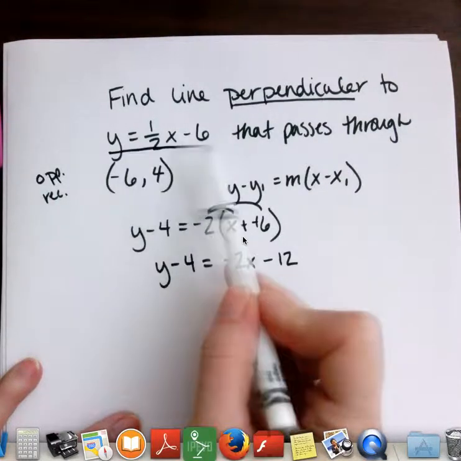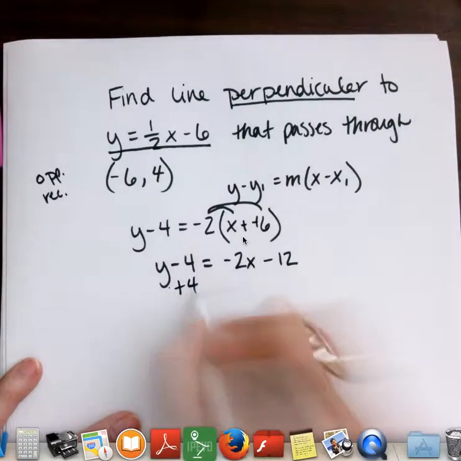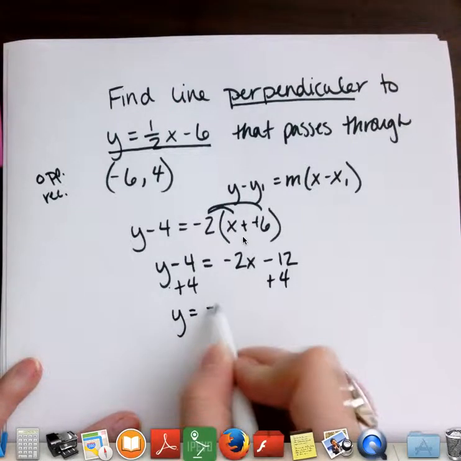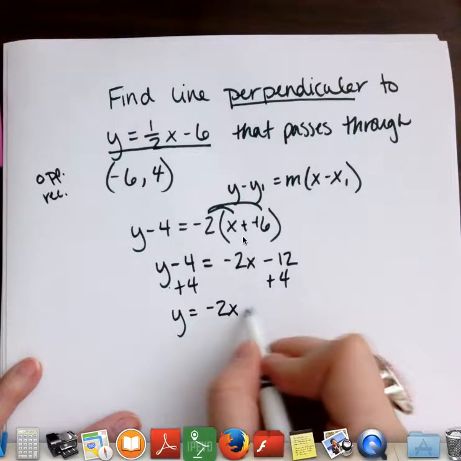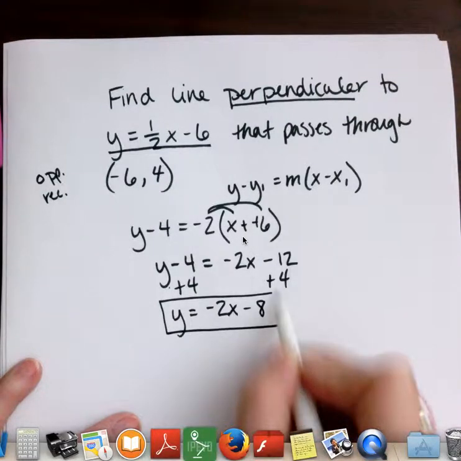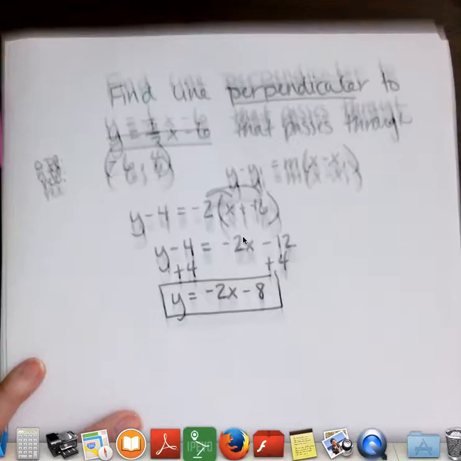This is slope-intercept form, this is not, this is point-slope. So I add 4 to both sides, and then I have y equals negative 2x minus 8. And this line is going to be perpendicular and passes through (-6, 4).